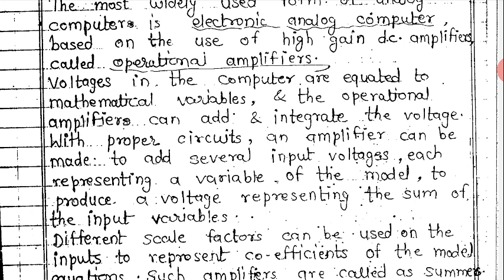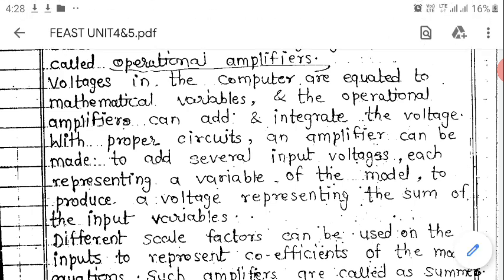The operational amplifier changes the voltage, and the voltages in the computer are equated to mathematical variables, and the operational amplifier can add and integrate the voltages. With the help of proper circuits and amplifiers, it can be made to add several input voltages.